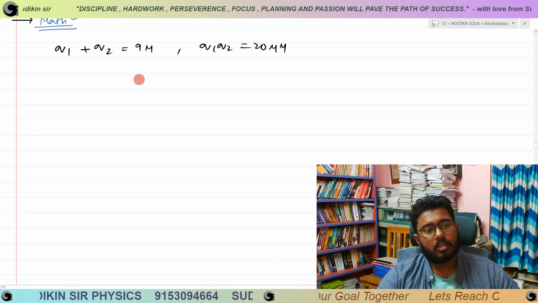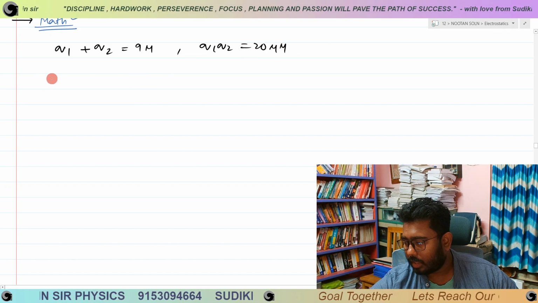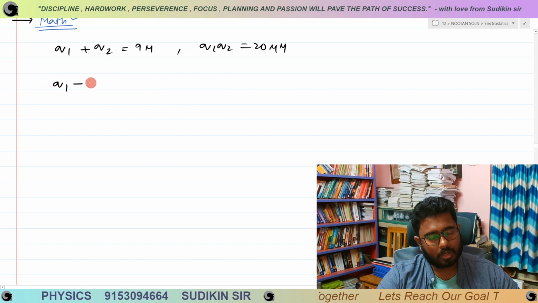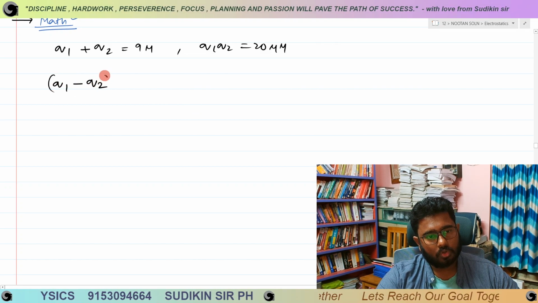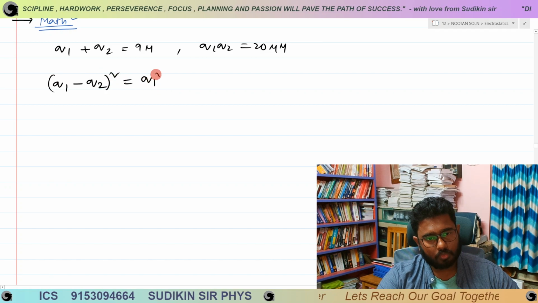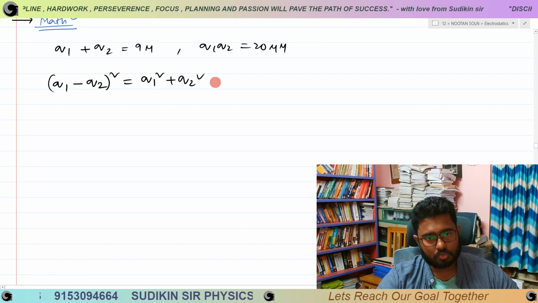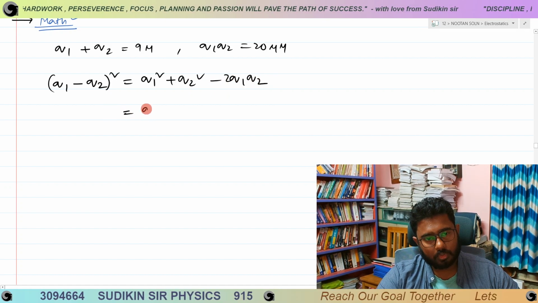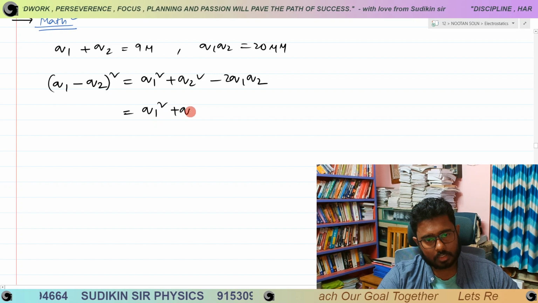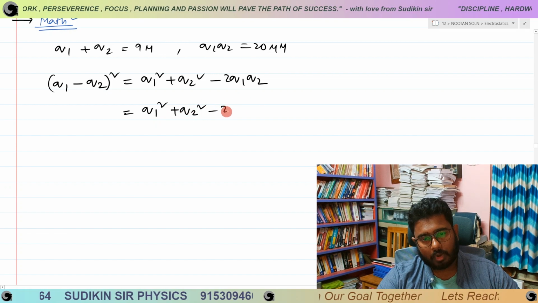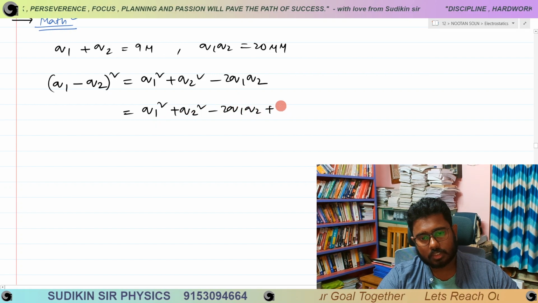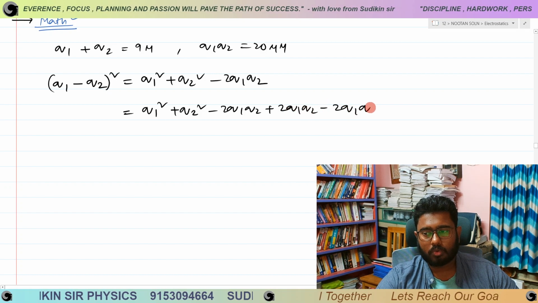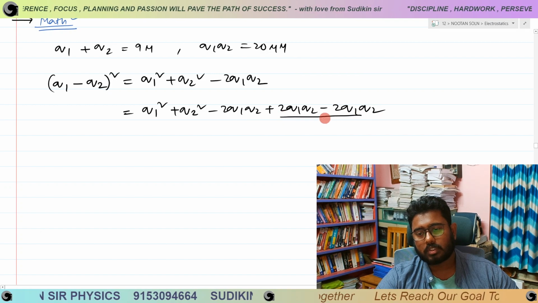Now can we write this as q1 minus q2 square, that will be q1 square plus q2 square minus 2 q1 q2, or that will be q1 square plus q2 square minus 2 q1 q2. We are just adding 2 q1 q2 and subtracting 2 q1 q2, so that this term sum becomes 0.